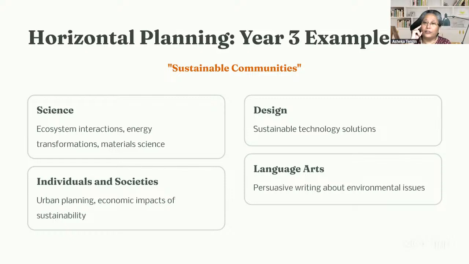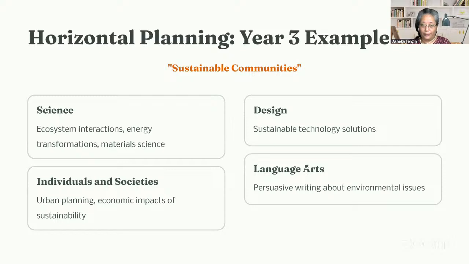In language arts, you can look at persuasive writing about environmental issues. And in individuals and societies, you could look at urban planning and economic impacts of sustainability. So here you can easily do an IDU if you're going to teach these topics in the different subjects. So you can start with horizontal planning based on the topic that you're teaching. Okay.